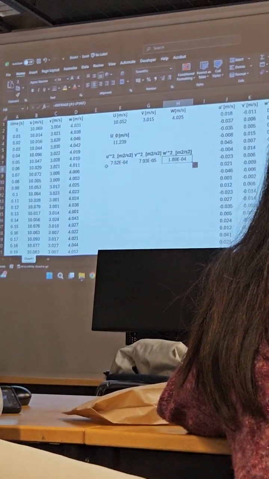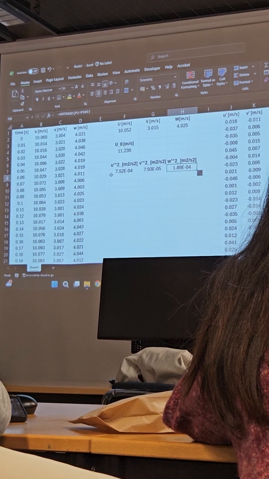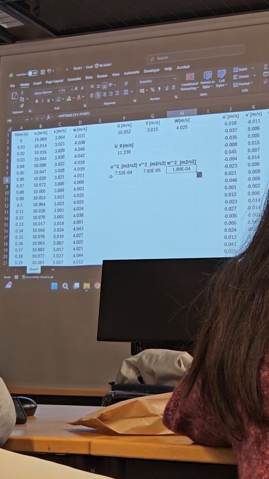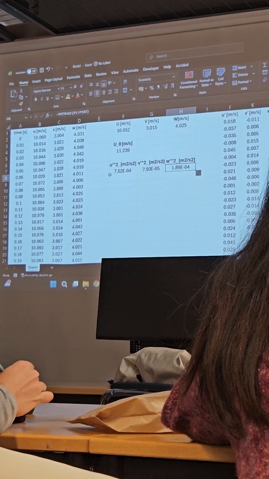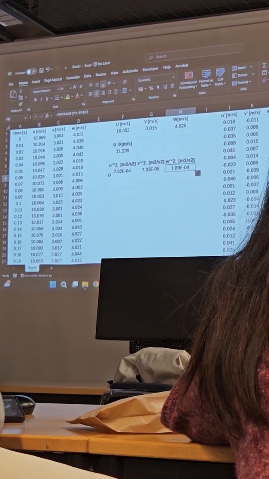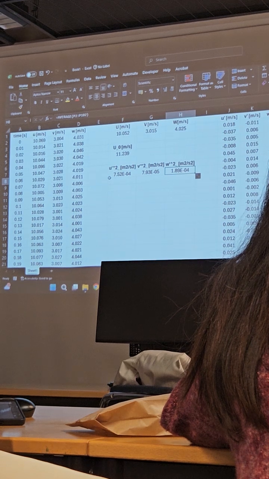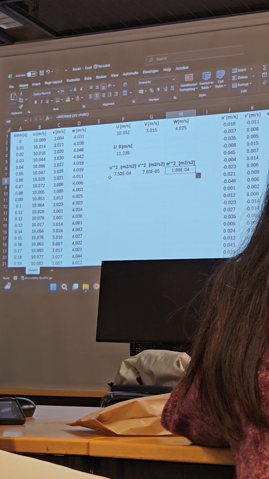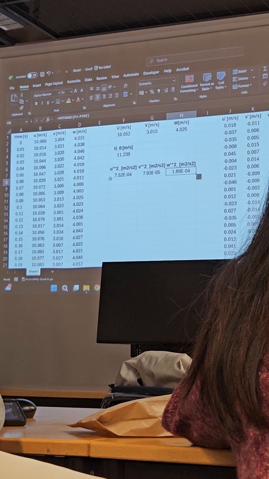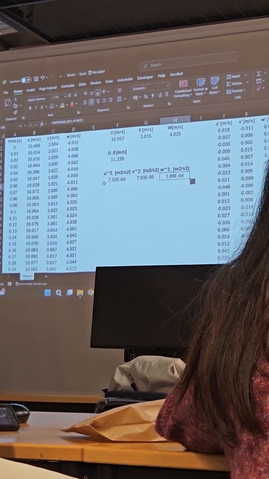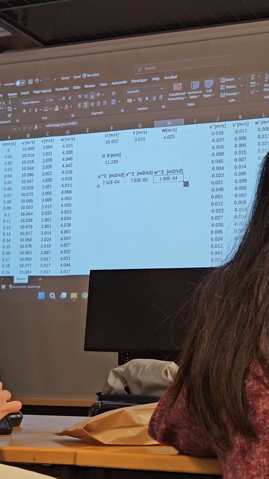And this is symmetrical, so on the bottom part of this tensor we have the same values. So by doing this, we calculated already the diagonal terms of the Reynolds stress tensor.